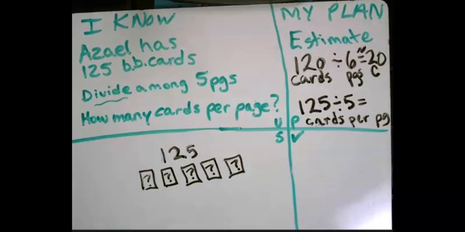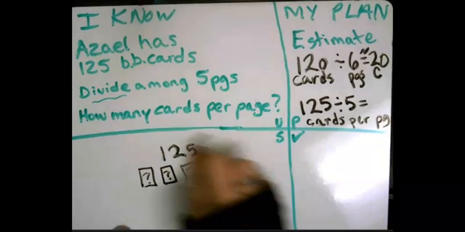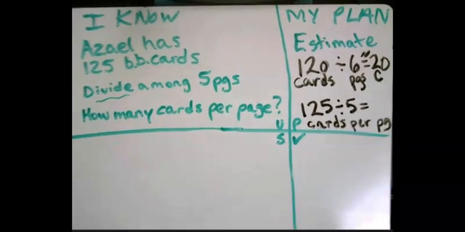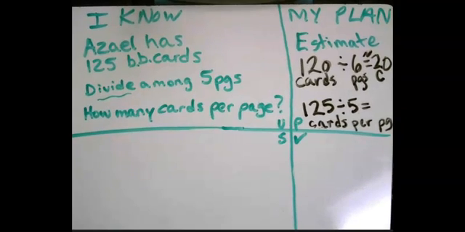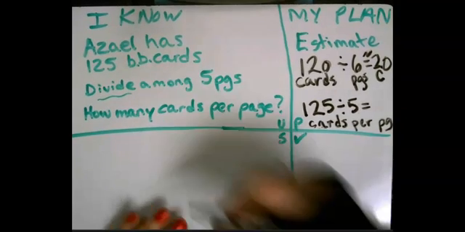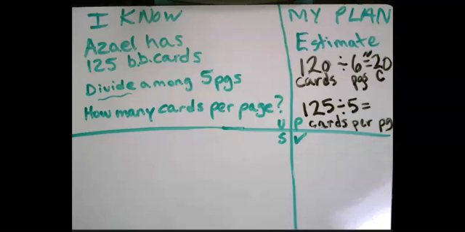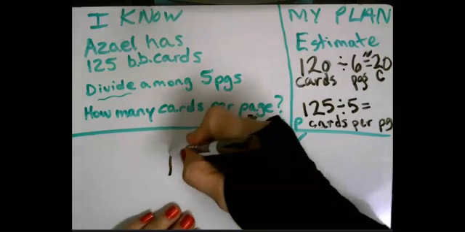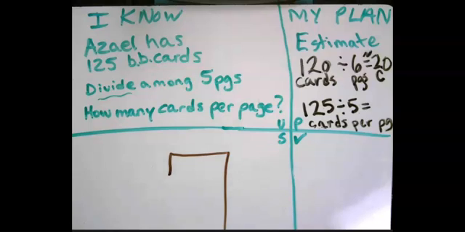So let's go ahead and do that. Let's use that big 7 we talked about earlier. Let me switch markers because this marker is annoying me. Okay, here we go. That's better. All right, so draw your giant 7.